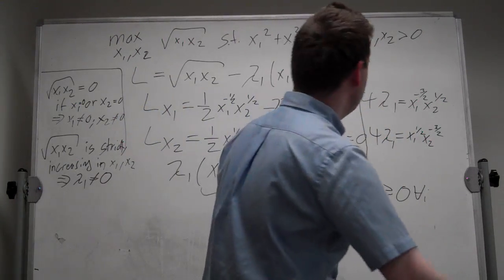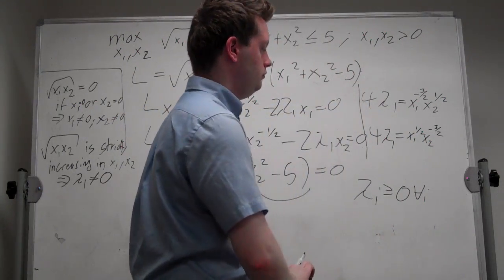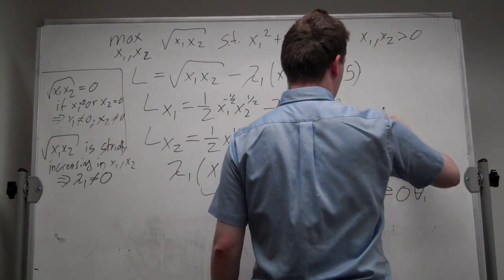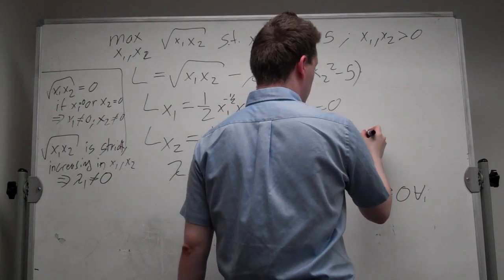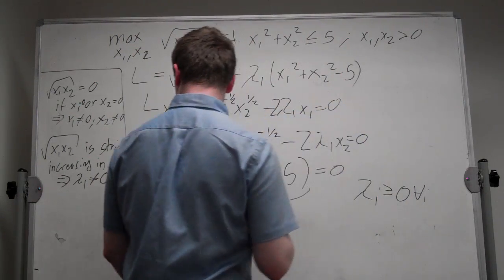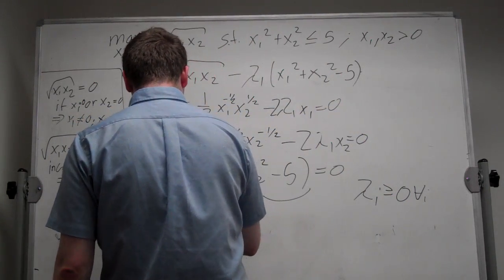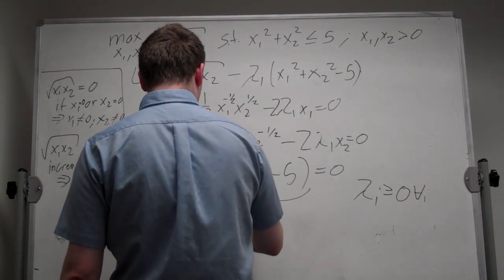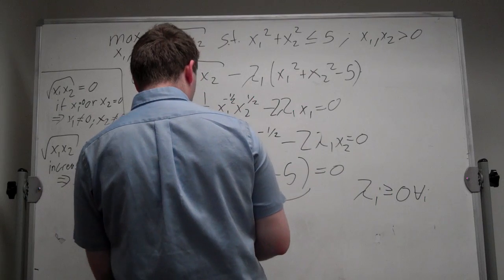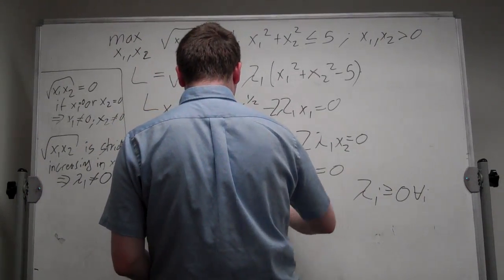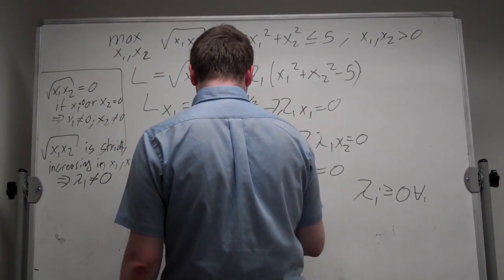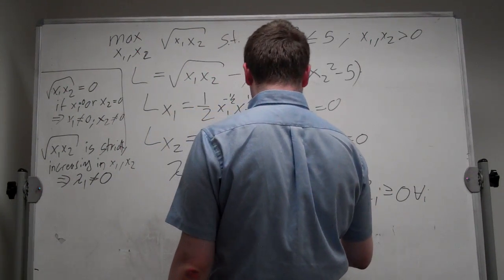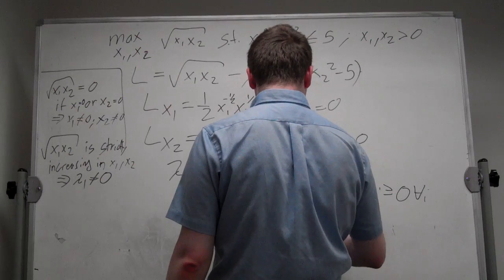Putting the two equal to each other, we can get the following. So we get x1 to the 1 half times x2 to the minus 3 halves equals x1 to the minus 3 halves times x2 to the 1 half.